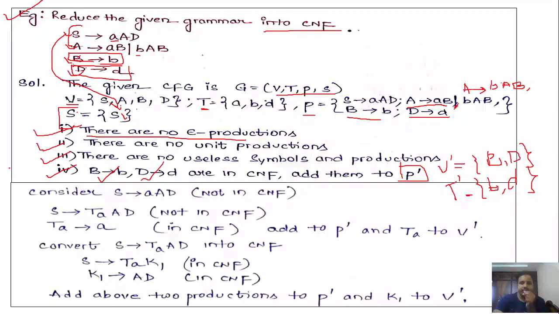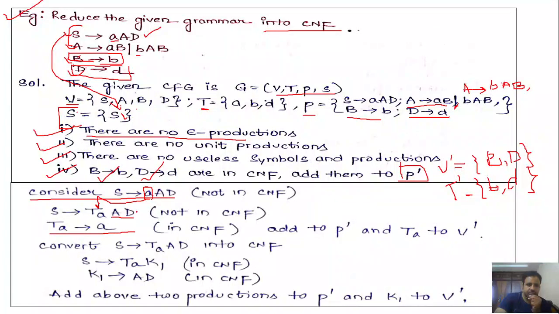Now consider the productions which are not in CNF. So first production, take it. S denotes small a capital D. So it is not in CNF. Here we are having a terminal, whereas the remaining symbols are variables. So first you have to replace that terminal with a variable. Replace this small a with variable TA. So S denotes TA followed by capital D. What is TA?